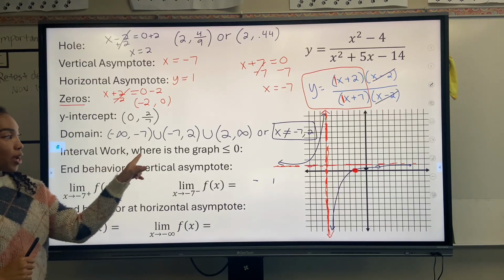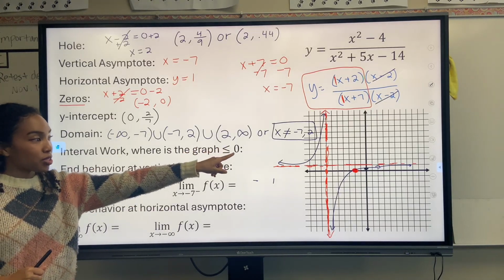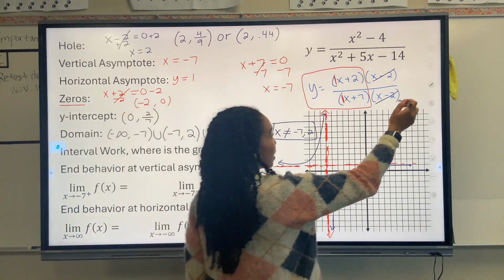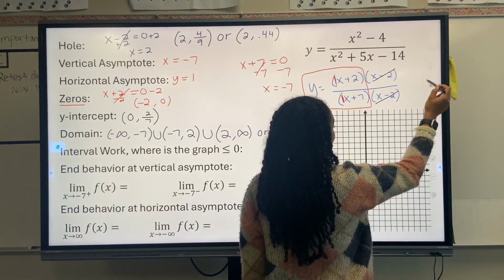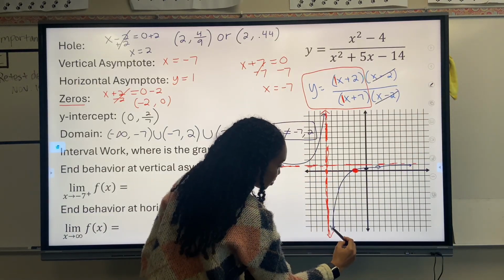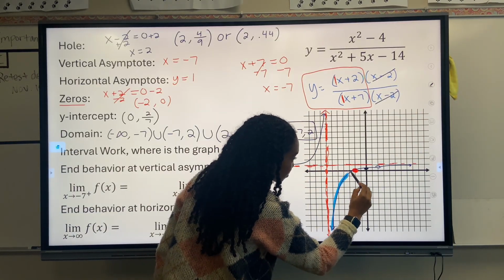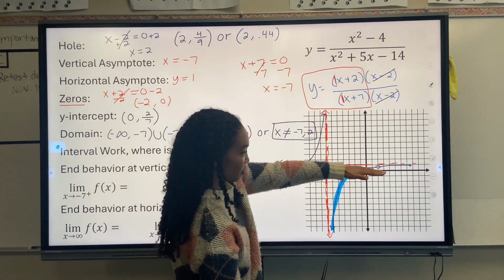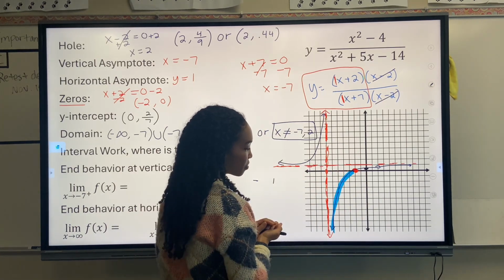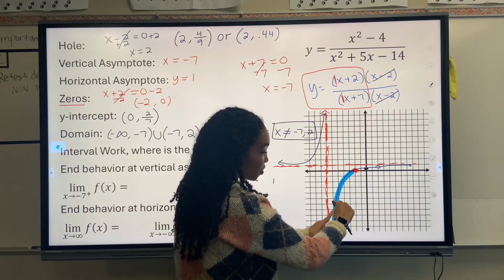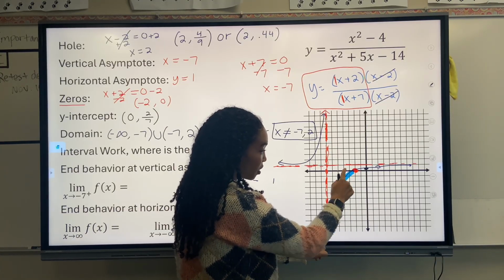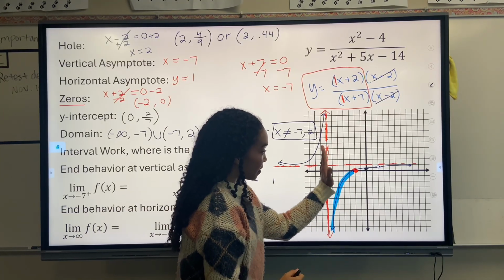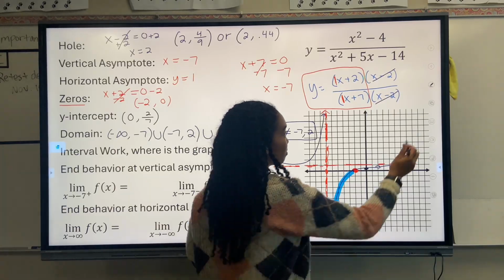Interval work. Where is the graph less than or equal to 0? Well, let me highlight that for you. The graph is less than or equal to 0 down here. This is the part that is below 0. Everything else is above 0. So the interval, the domain of this part, the left side is at the asymptote, -7.